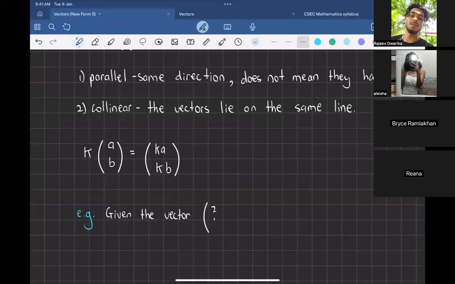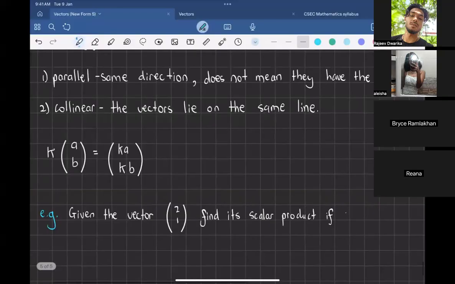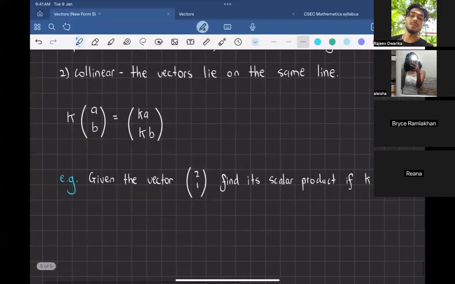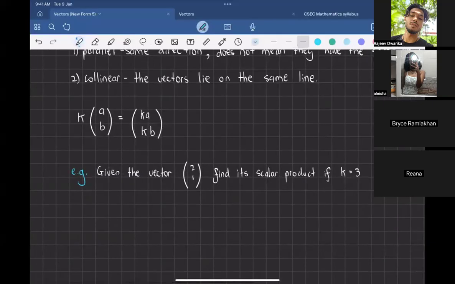Given the vector (2, 1), find its scalar product if k is 3. See if you can figure that out.